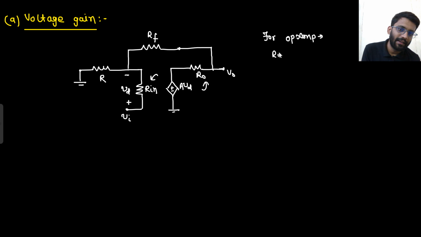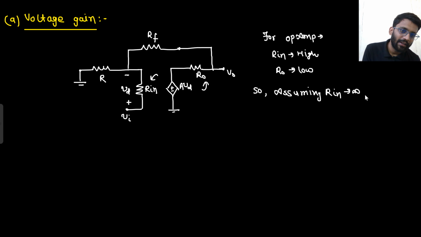R in is typically high and R naught is typically low. So what is the assumption we are taking? Assuming R in to be infinity and R naught to be 0.